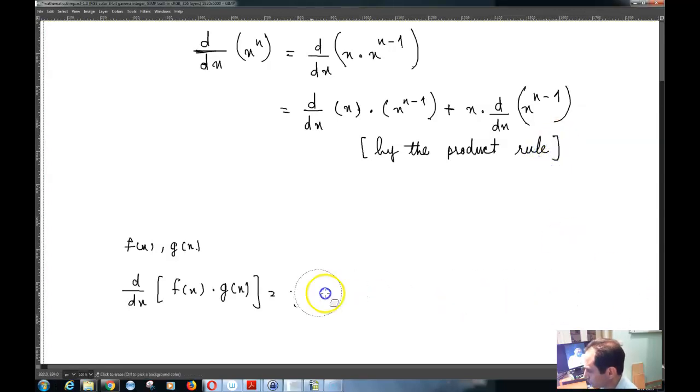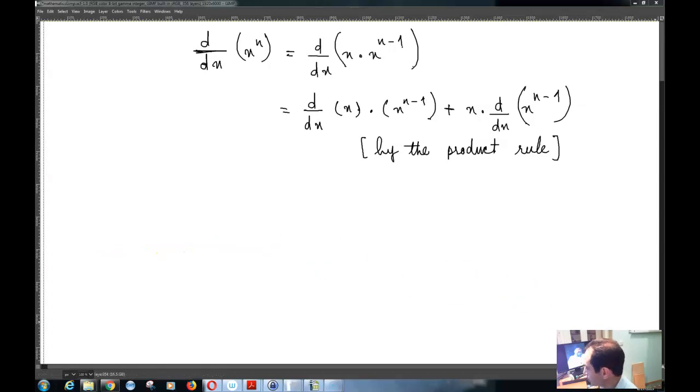By the product rule. Now, by the induction hypothesis, I think we are going to assume that d by dx of x raised to the power n is going to be equal to n times x raised to the power n minus 1.